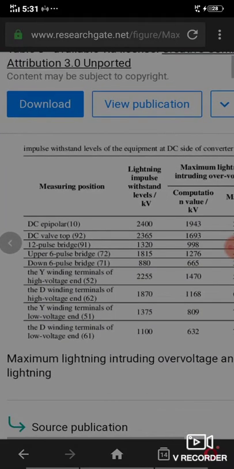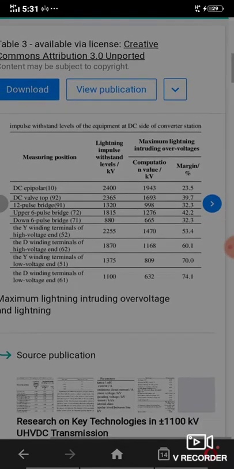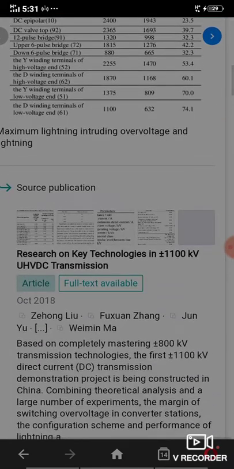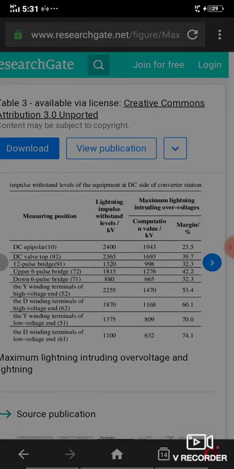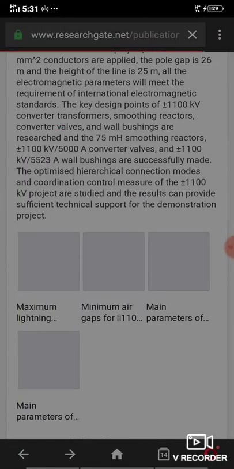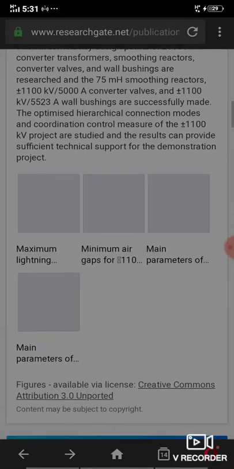So here DC bipolar keys technology. So we back and we will learn from a new website or tab.